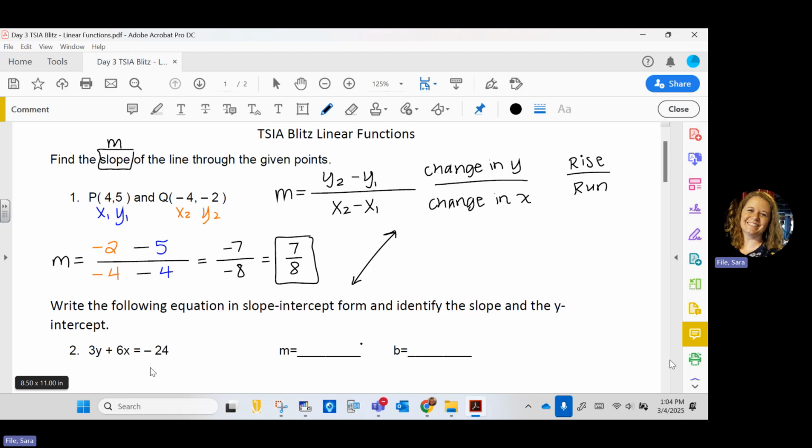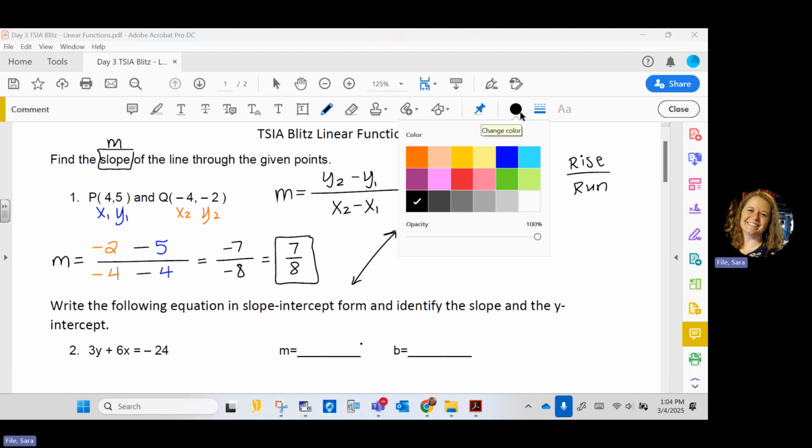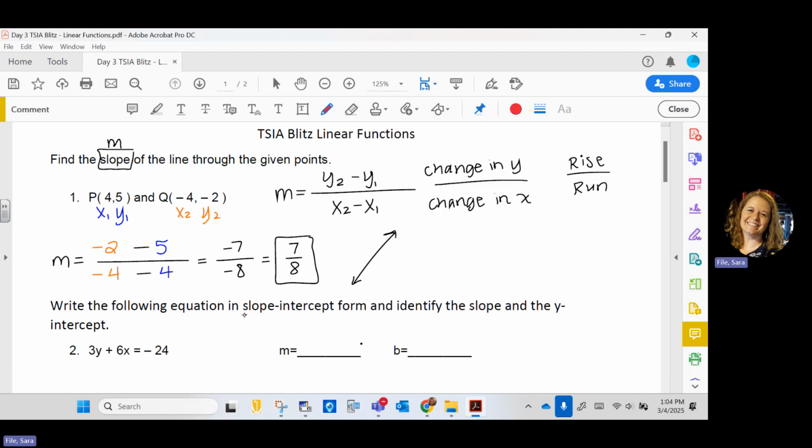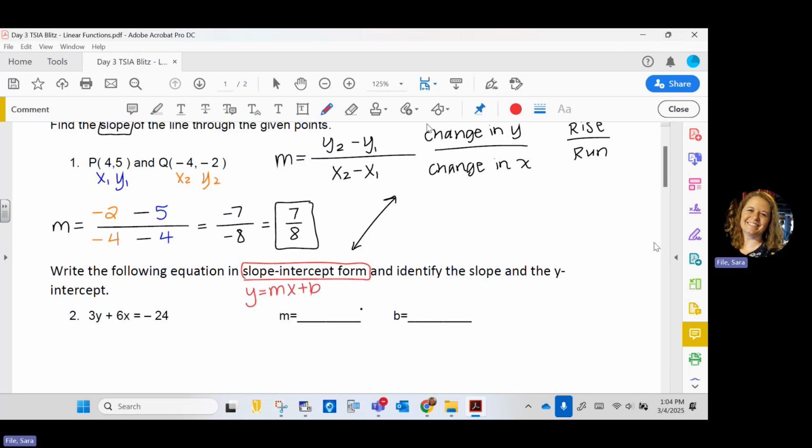Okay, so right now, I've got x and y on the same side of the equation, and they ask us to put this in slope-intercept form. Slope-intercept form is y equals mx plus b. Okay, and remember that in slope-intercept form, m is the slope, b is the y-intercept.